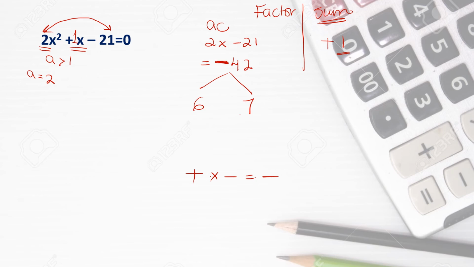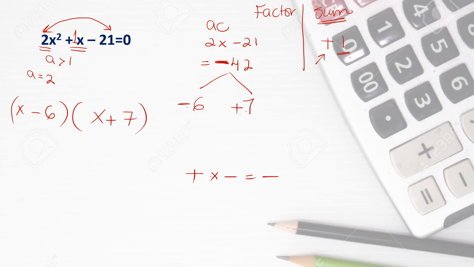So one of the terms has to be positive and one has to be negative. Now focus. You want plus 1. So make the bigger number the same sign as the sum, that is plus, and the other number negative. So the factors are x negative 6 and x positive 7.